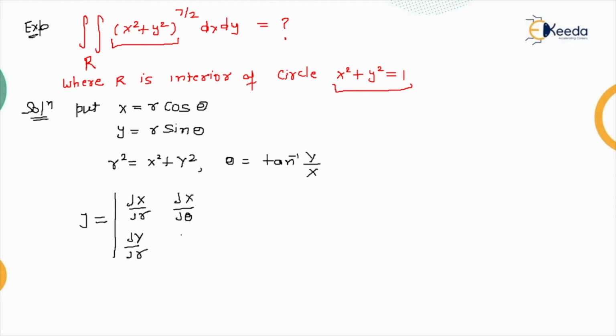You have x in terms of r and theta, and y also in terms of r and theta, so you can find del x by del r, del x by del theta, del y by del r, del y by del theta. Replace all the values here, and the result must be equal to r. So the Jacobian in the case of circular coordinates must be equal to r.